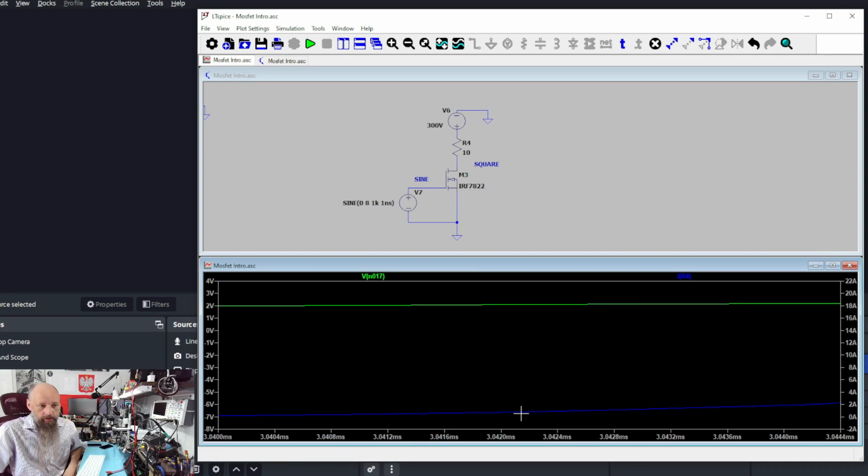We can see that the process starts roughly when we have around 2 volts on the gate. That is 2 volts in reference to the source. We'll get to that in a second, because the same rule applies to MOSFETs as it does to bipolar transistors in reference to the voltage on the gate or on the base.